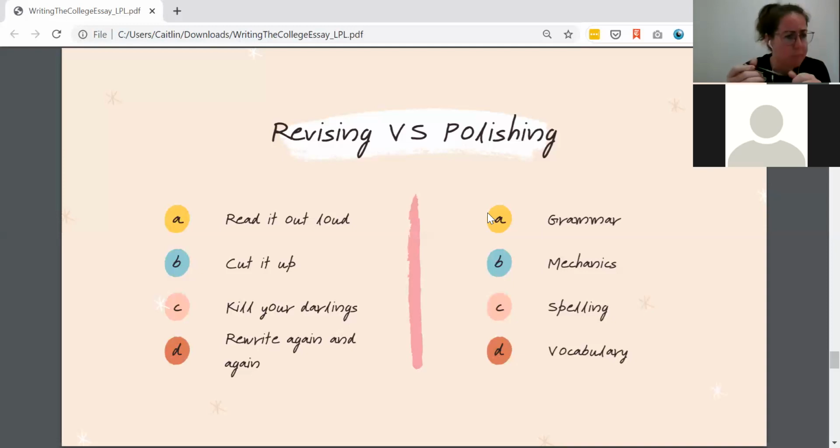That last one's important because a lot of times, when people write, they use synonyms that they look up on the internet, or if you have a thesaurus, I commend you, but they don't sound like you.